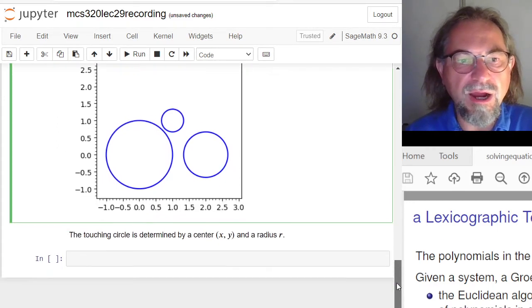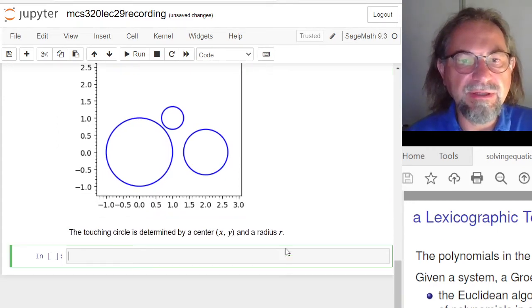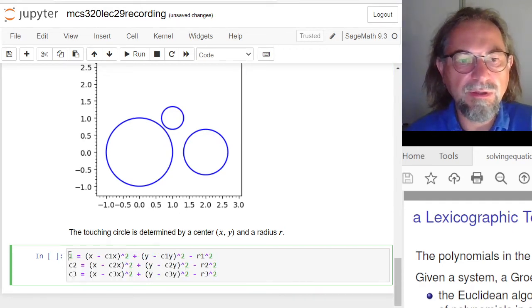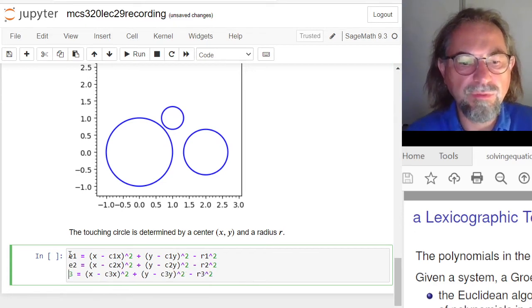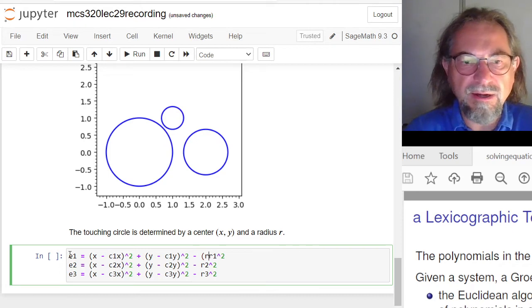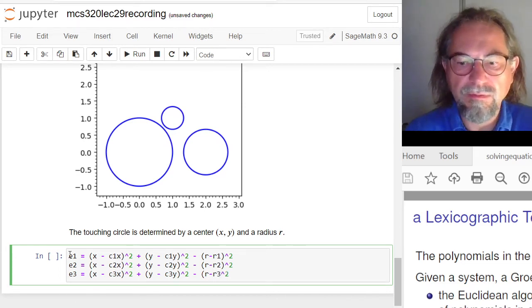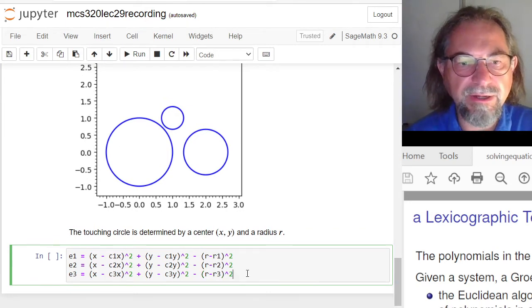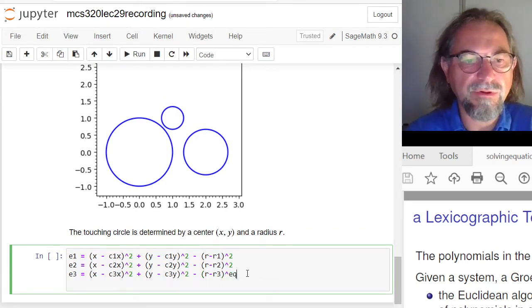But now I will be using the differences. I will call them E1, E2, E3, and I am using the difference of the radius r with the given radii of the two given circles.